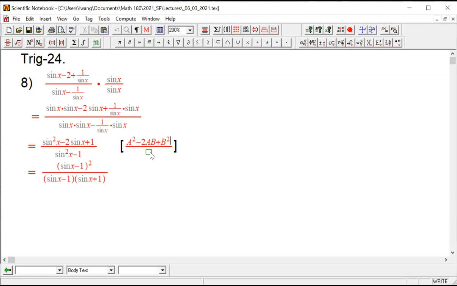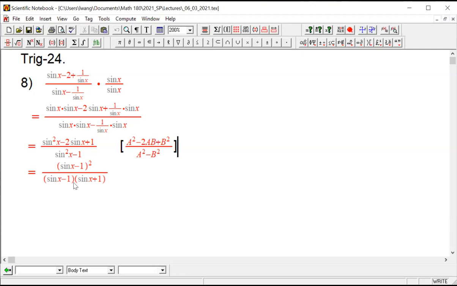The bottom, of course, you can change it to negative cosine squared, but knowing what you have on the top, you have the flexibility to factor it as a squared minus b squared, because 1 is 1 squared.